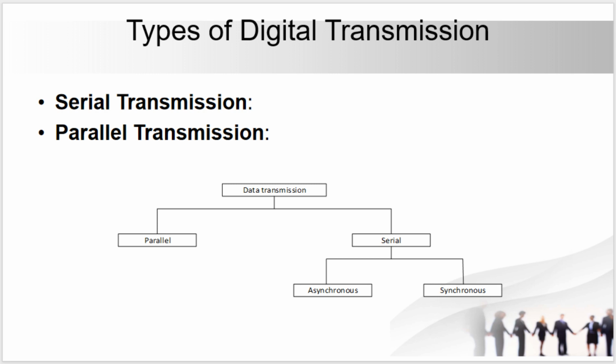Okay, now we go to parallel transmission. Parallel transmission is a method of data transmission in which multiple bits are sent simultaneously across multiple channels or wires. This approach contrasts with serial transmission, where bits are sent sequentially, one at a time, over a single channel.